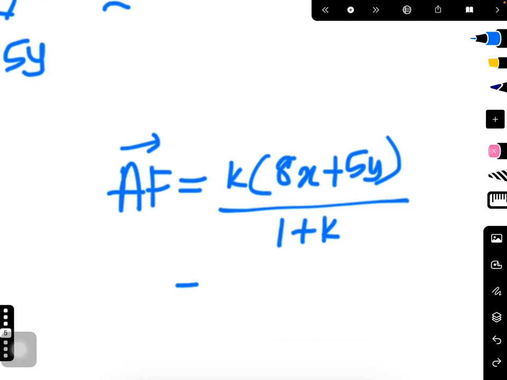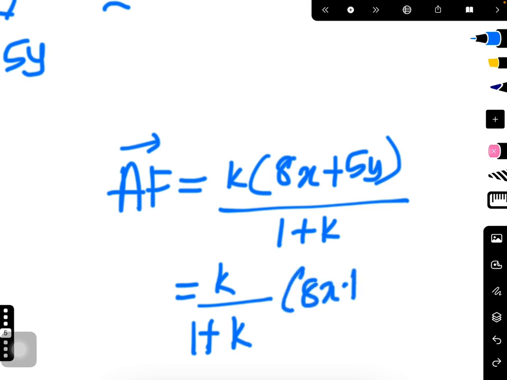Okay, because this is a vector, we need to put this here, because this is not clearly beautiful and it is hard to read. So we put this here: K over 1 plus K, 8x plus 5y.